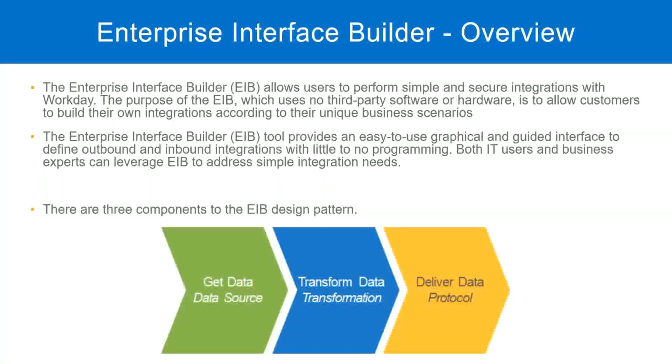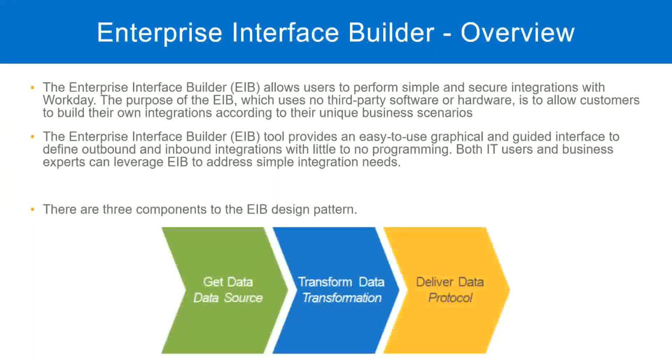Okay. When we create an integration using EIB, we will see these 3 steps there as well. Get data, transform data, deliver data. Okay. These are the 3 components in an EIB design pattern. So what we are going to do is we are going to configure these 3 steps. Get data. Where are we going to get the data from?